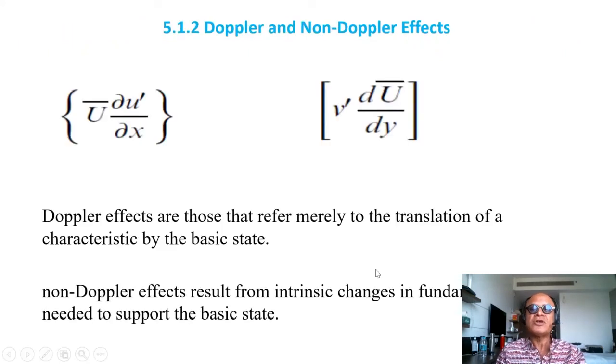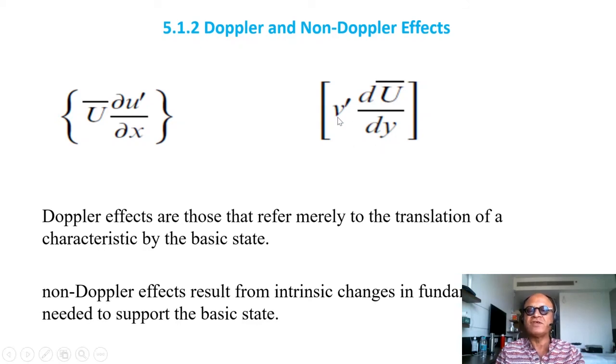The Doppler effects are those that refer merely to translation of a characteristic by the basic state, which is what we had done before in terms of the modulation of the wave mode frequency and wave number by the background state. And the non-Doppler effects result from intrinsic changes in fundamental balances needed to support the basic state.